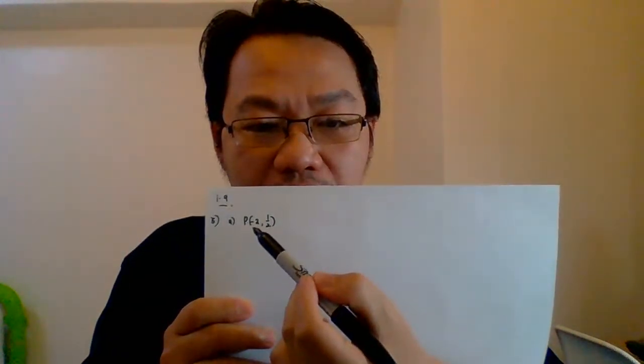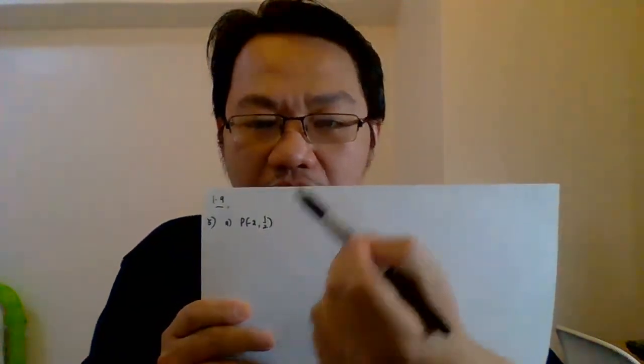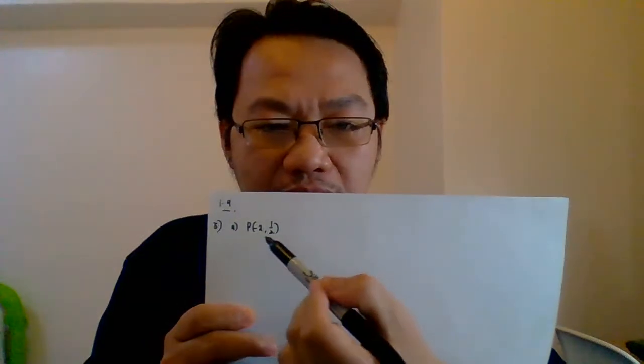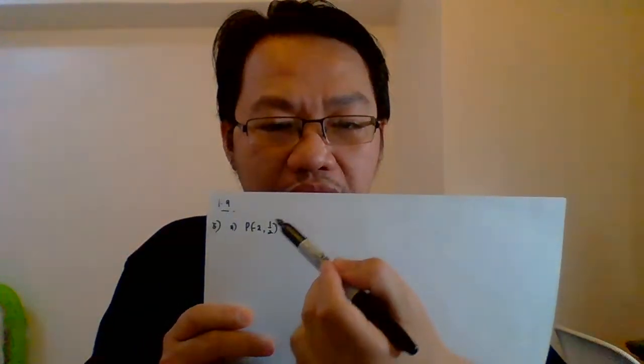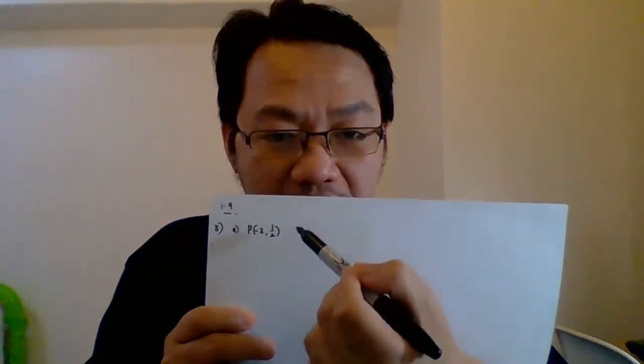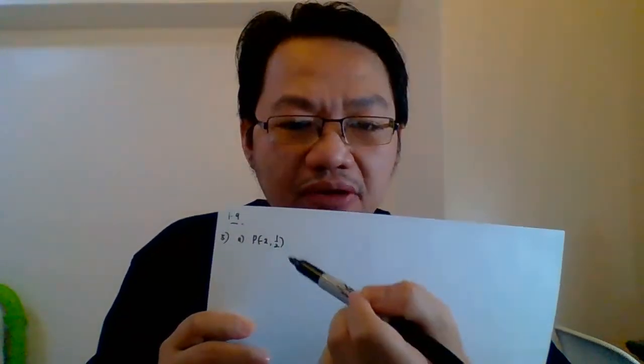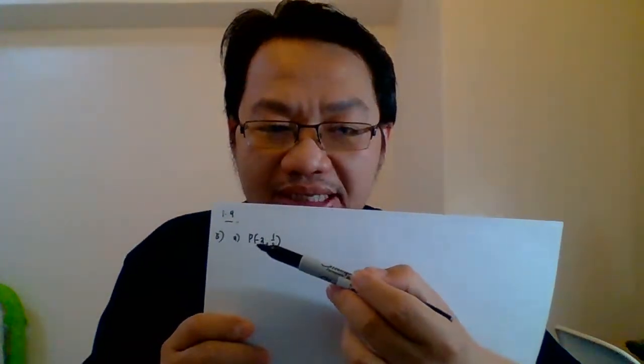Now you see here number 5A, the coordinate given is P(2, negative 2 and a half). This is a normal coordinate on the graph of the function f(x). Now if we find the inverse function, the graph of the inverse function will have different coordinates. So what corresponds to this coordinate if we inverse the function?